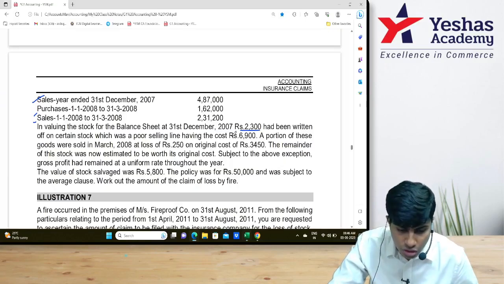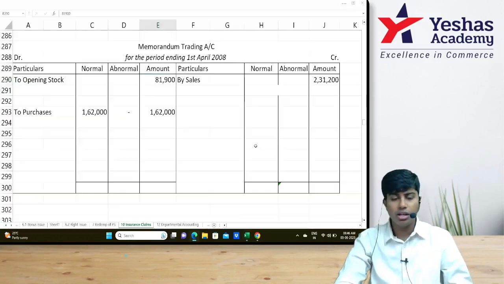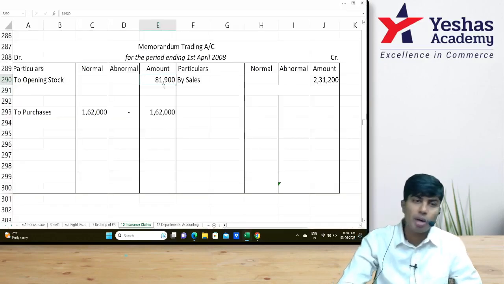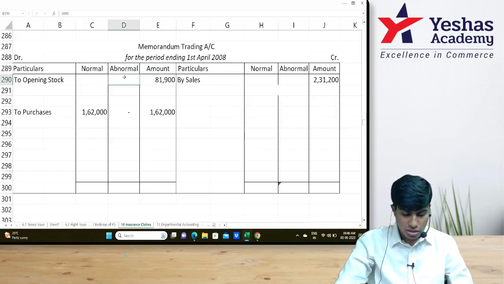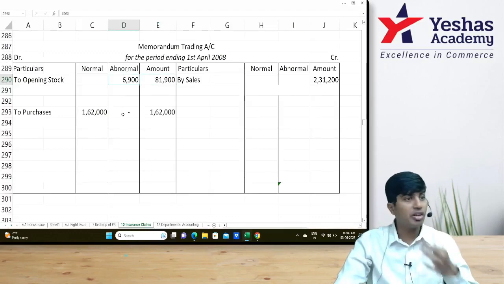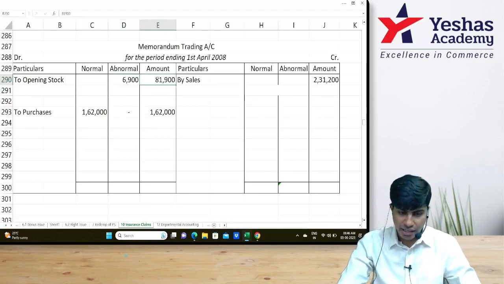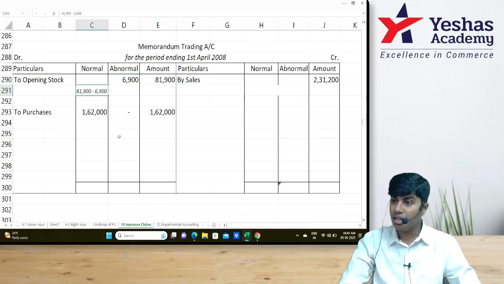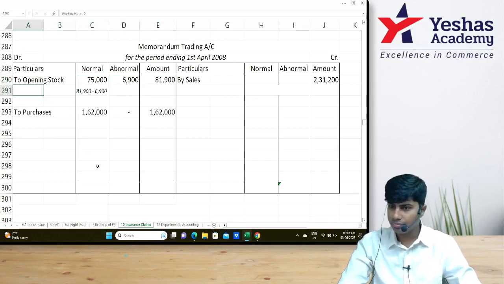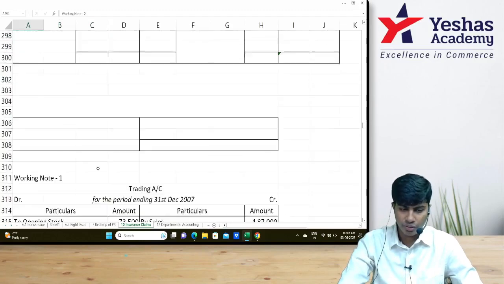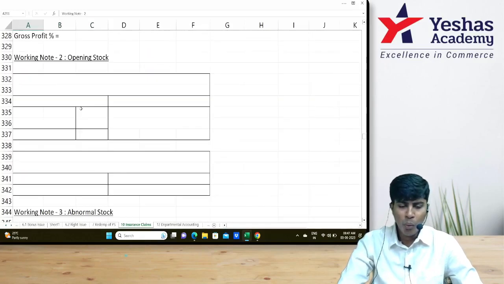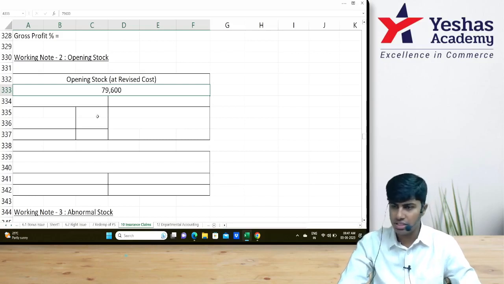They're telling original cost of these goods is 6,900. So in 81,900, how much is abnormal? 6,900. So how much will be normal? 81,900 minus 6,900, that will be 75,000. Am I right? If you want, we can do a working note on this. At revised cost, it is 79,600.